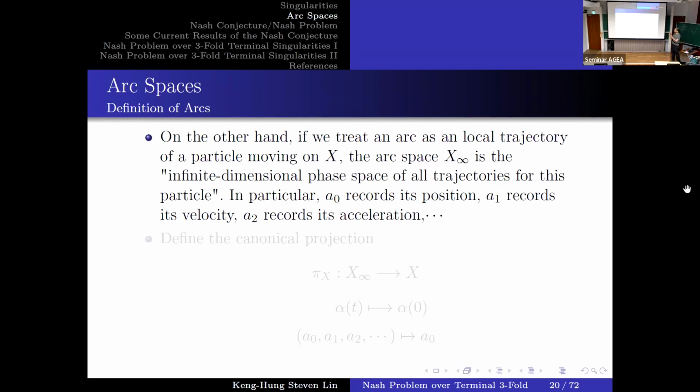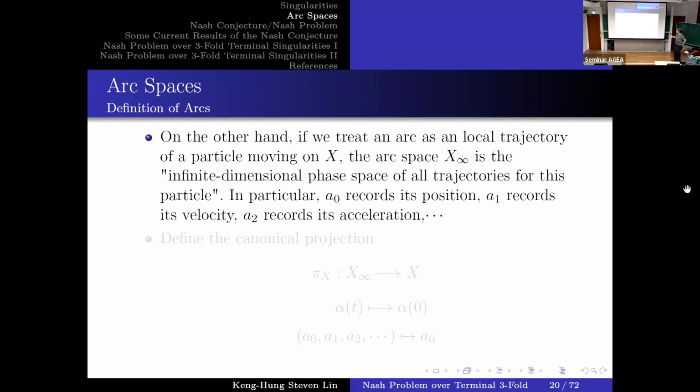And what is the arc space? The arc space is a parameter space of such a particle, encoding its position, velocity, acceleration, jerk, acceleration of jerk, and so on.